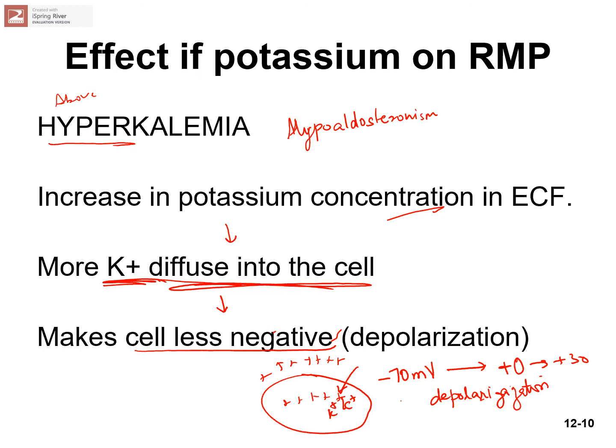Now this treatment is hard. First of all, diuretics can help in loss of potassium, but they take a lot of time. So you can use diuretics in a patient, or you can use ion exchange resins, or you can use hemodialysis.